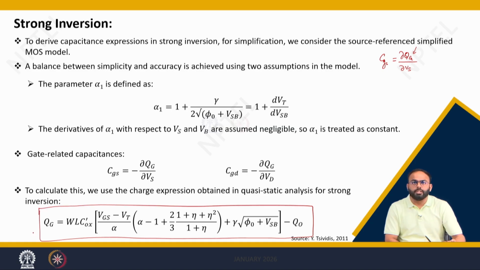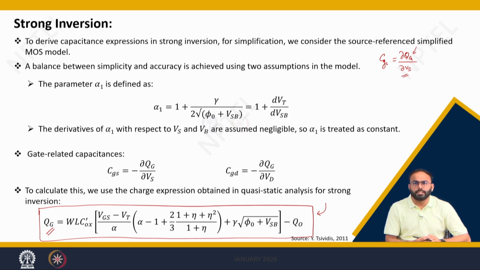In the previous lecture, when we were discussing large signal quasi-static analysis, we derived the charge equation for gate charge, bulk charge, inversion charge, etc. So, we have taken this equation from that lecture and we are going to differentiate this equation with respect to terminal voltage.